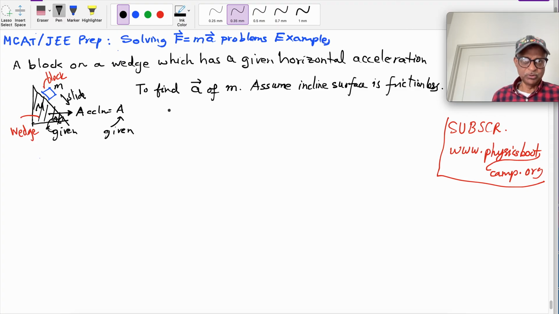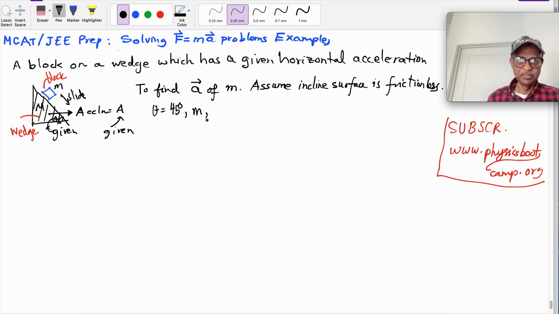Today I also want to say this theta is 45 degrees for simplicity, so all the numbers will come out nicely. The m doesn't have to be given, because m will cancel out of the problem.